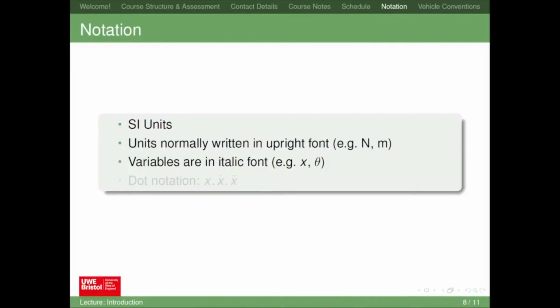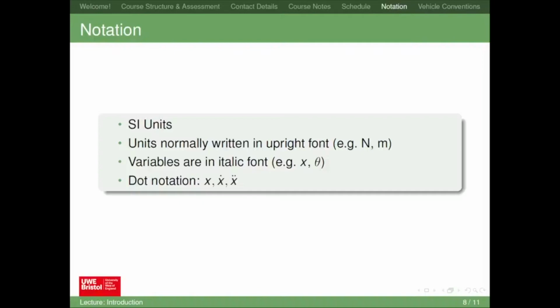We will also use dot notation in lots of areas, where the dot indicates a first derivative with respect to time, so d by dt. If you've got displacement, which we're calling x, then x dot is velocity, and x double dot will be acceleration. But that rate of change with respect to time applies to all sorts of things.